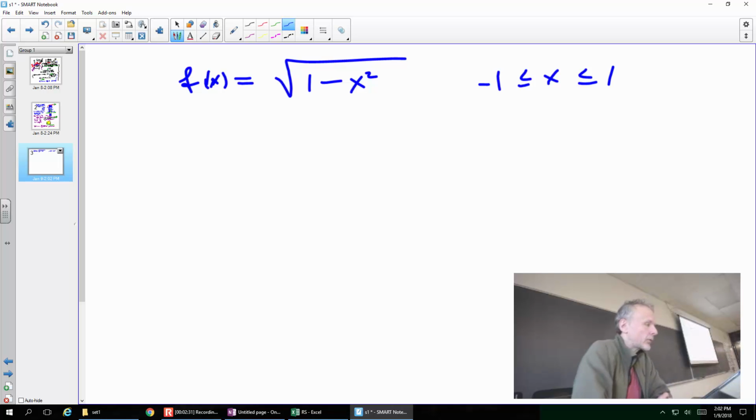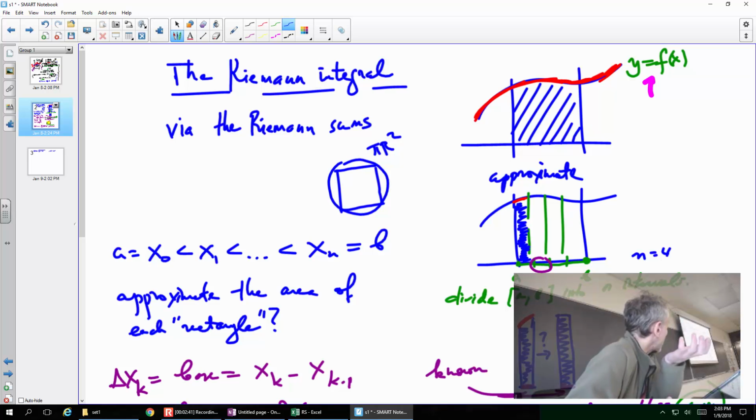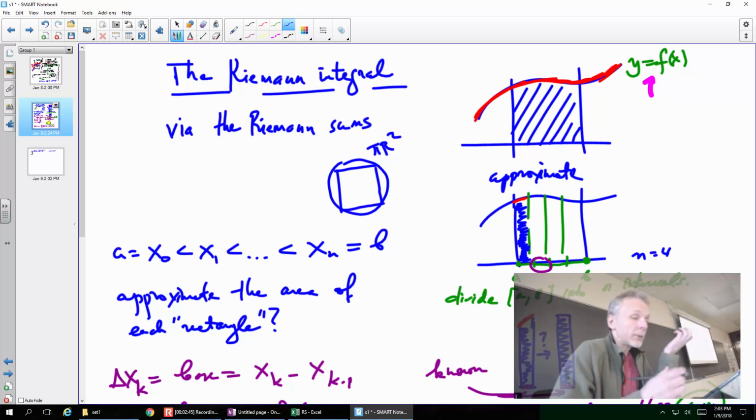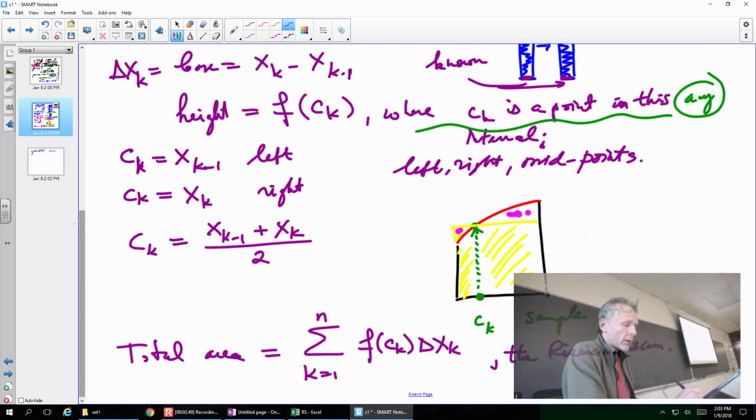Okay, so it applies to this setup over here. Taking the origin, making sure that the graph lies entirely above the x-axis, split the domain into little pieces, build the rectangles, compute the areas of those rectangles with the Riemann sum, so multiplication of the width times the height.